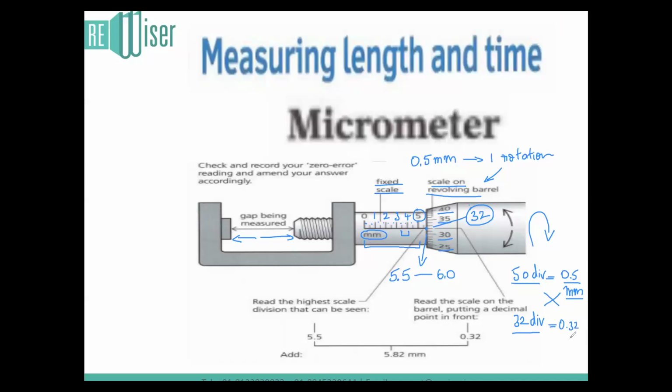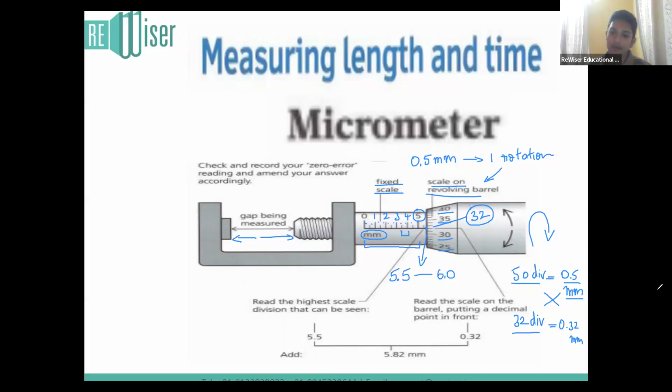Yes, that is right. So 32 divisions correspond to 0.32 mm, which means the reading is exactly 0.32 mm after the reading on the main scale, which is 5.5. So I need to add this 0.32 mm to the main scale reading of 5.5, giving me the combined reading as 5.82 mm.